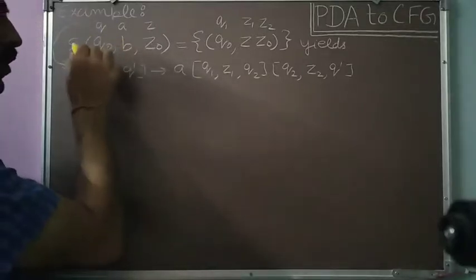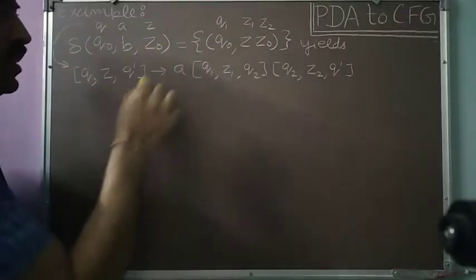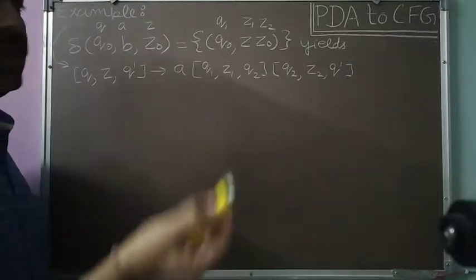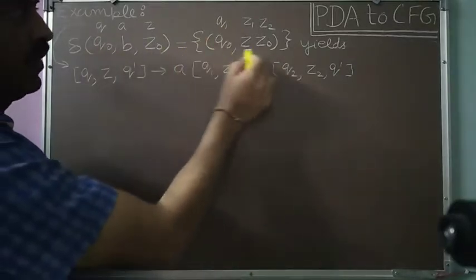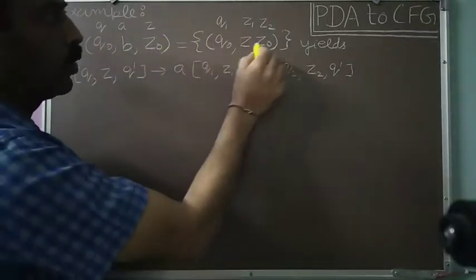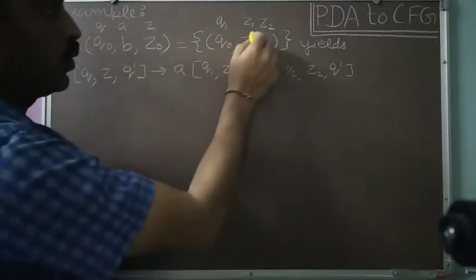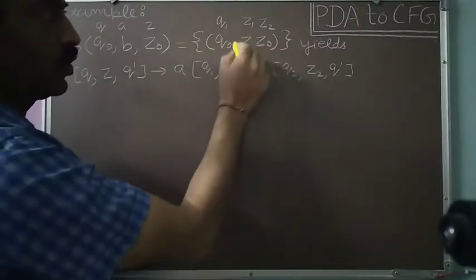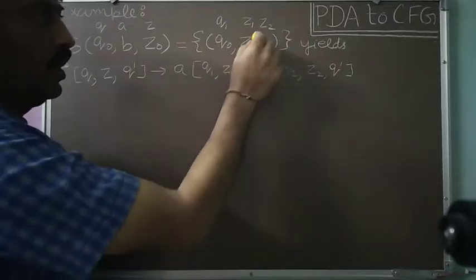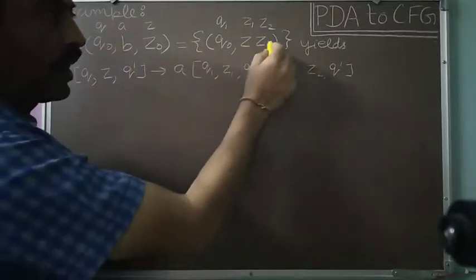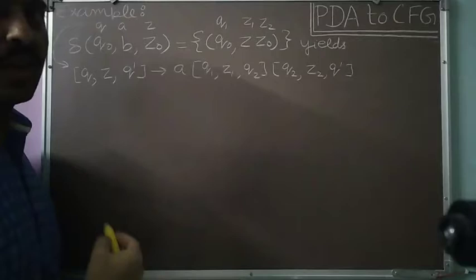Let us first check whether this is an erasing move or a non-erasing move. To check this, we look at its right-hand side and see whether what we are writing over the pushdown store is null or not. It is not null, we are writing something, so it is a non-erasing move.